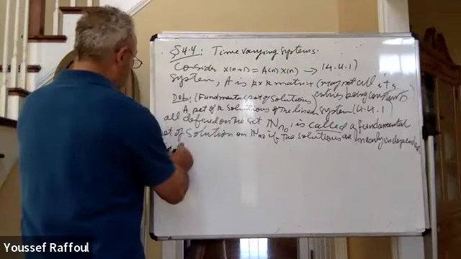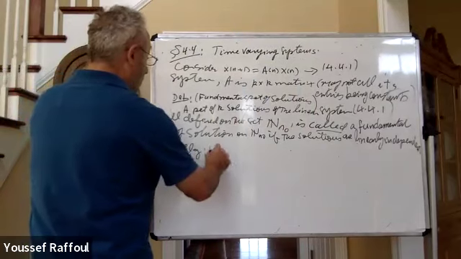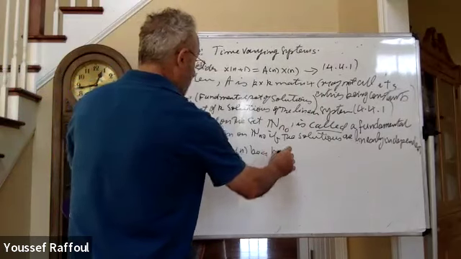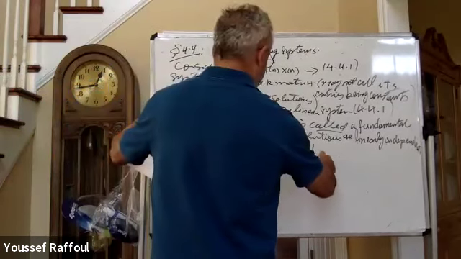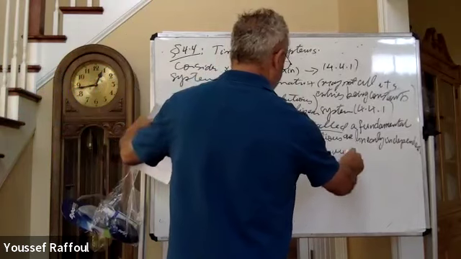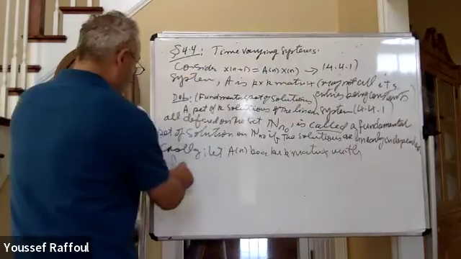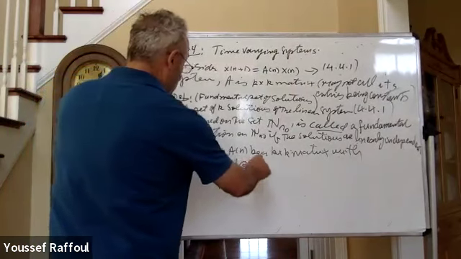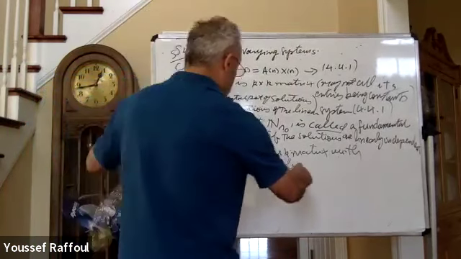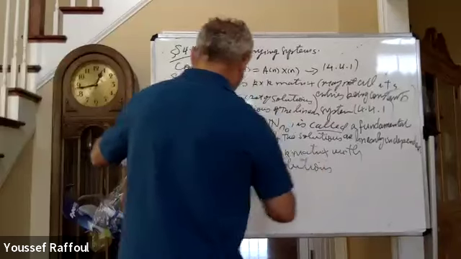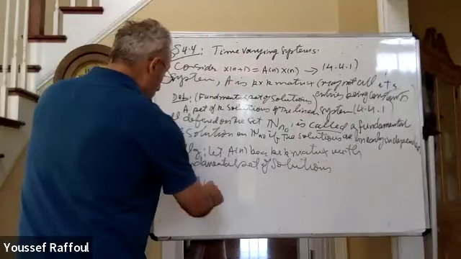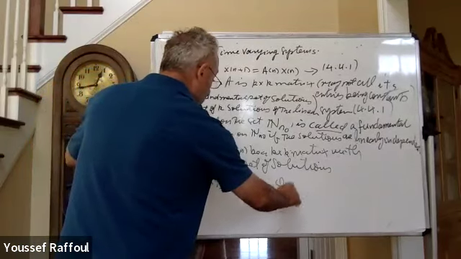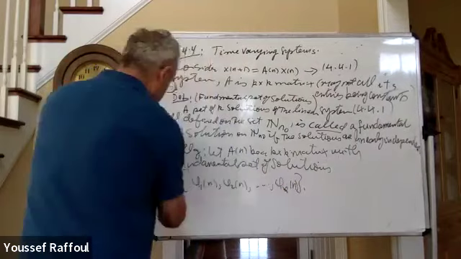So, corollary: let A(n) be a k by k matrix with a fundamental set of solutions phi1(n), phi2(n), up to phik(n).